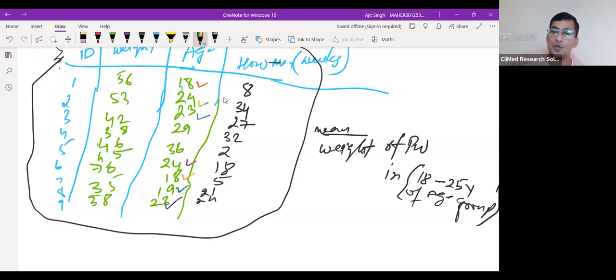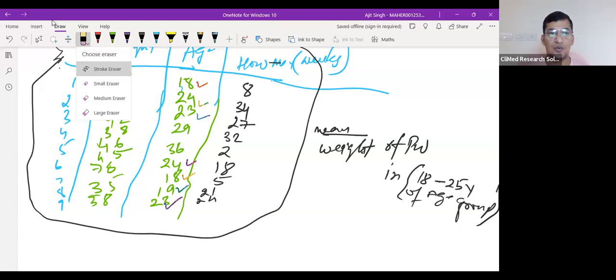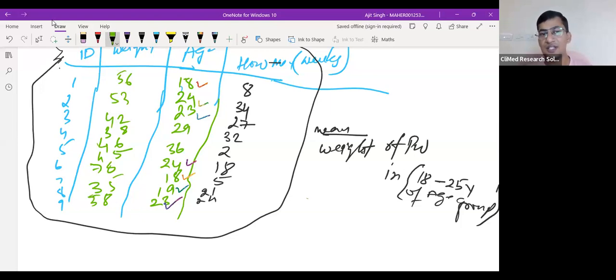So to get their mean weight, I take the weights: 56 plus 53 plus 42 plus 46 plus 78 plus 35 plus 58, divided by how many there are.